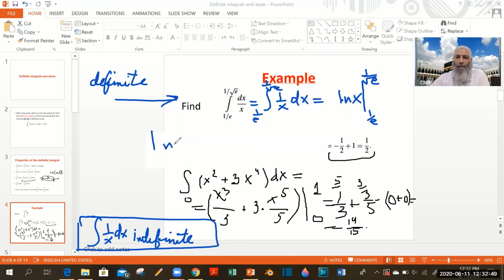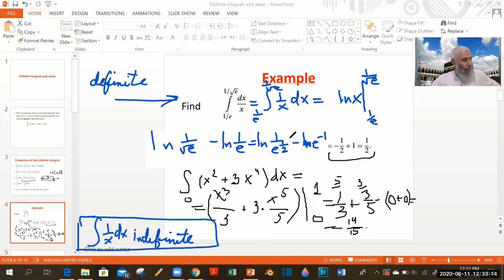So it is ln of 1 over root e minus ln of 1 over e. Ln of 1 over e power 1/2 minus ln of e power negative 1, right?